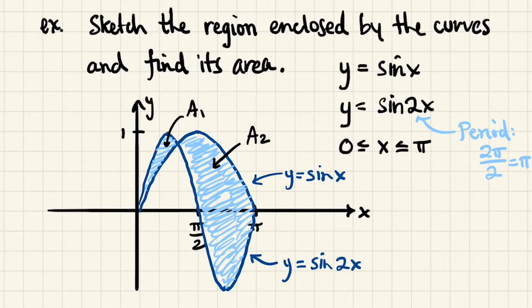So for A1, the upper function is sine of 2x and the lower function is sine of x. But for A2, the role of upper and lower function has switched, right? For A2, sine of x is the upper function and sine of 2x is the lower function, which means we're going to have to do this in 2 separate integrals, and we'll just add our answers. So we're going to work out A1, and then we'll work out A2, and we'll add the total.